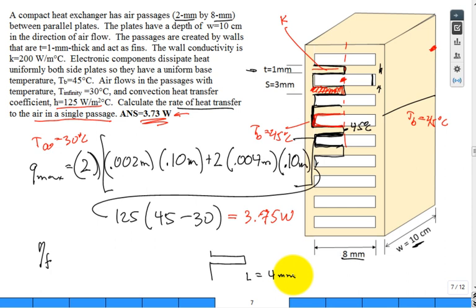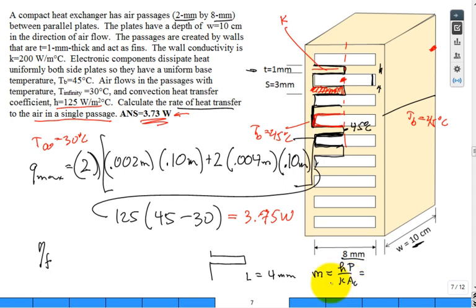Okay, so I need to calculate my fin parameter M. That's going to be my H times perimeter divided by K A sub C. Square root. Yeah, square root.